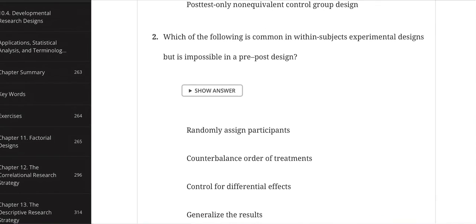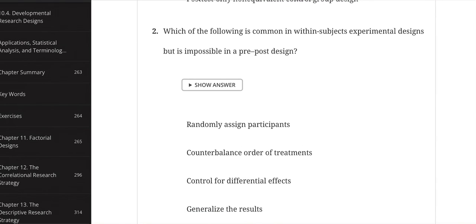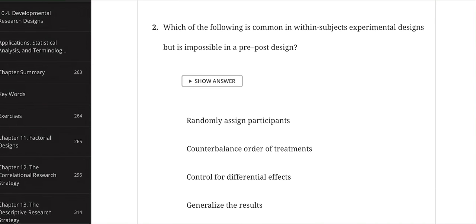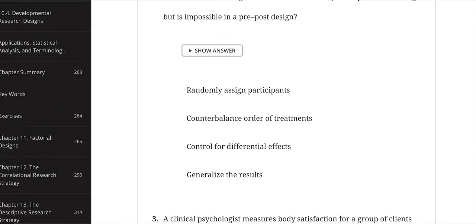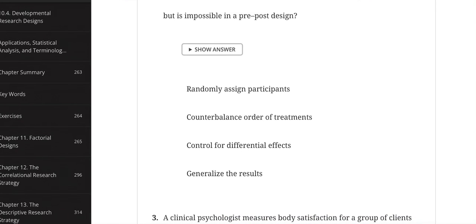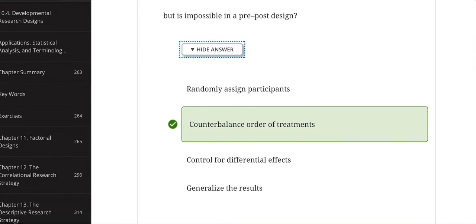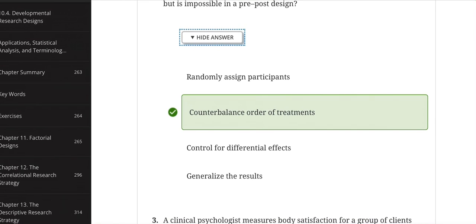And then number two, which of the following is common in within subjects experimental designs, but is impossible with a pre-post design? So we're talking about experimental versus the pre-post non-experimental designs. And hopefully you know from our slides that we just discussed that you cannot counterbalance.